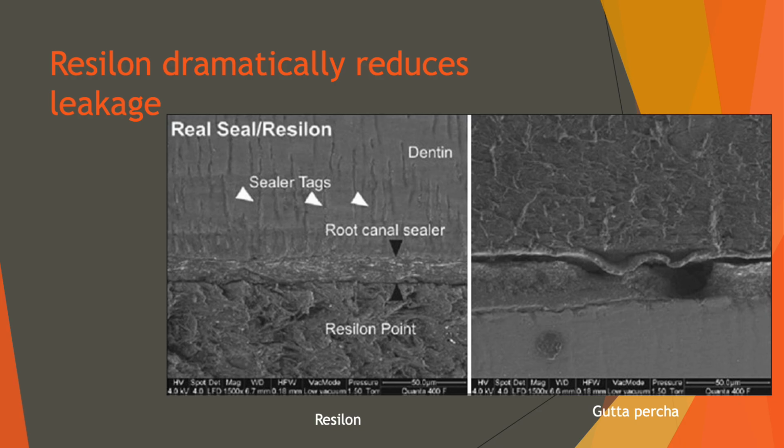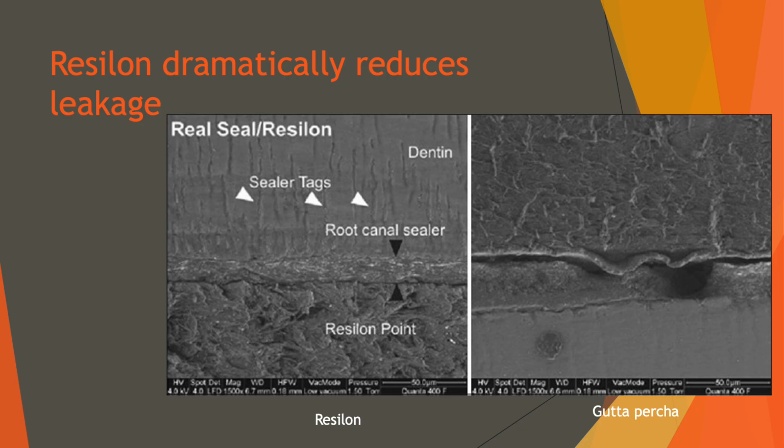Here is a scanning electron microscope photo to compare between the Resilon and gutta percha. Here in the left view, we see that there are no gaps. There is very good root canal sealing.